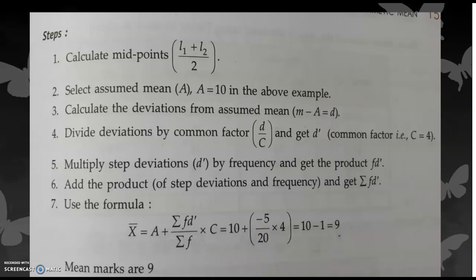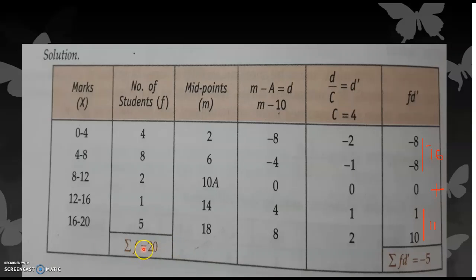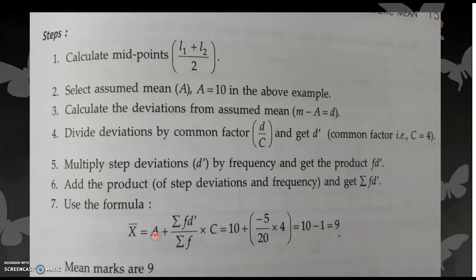Then divided by sigma F, which is 20. So minus 5 divided by 20 into class interval C. C is here 4. So minus 5 divided by 20 into 4, we get minus 1.